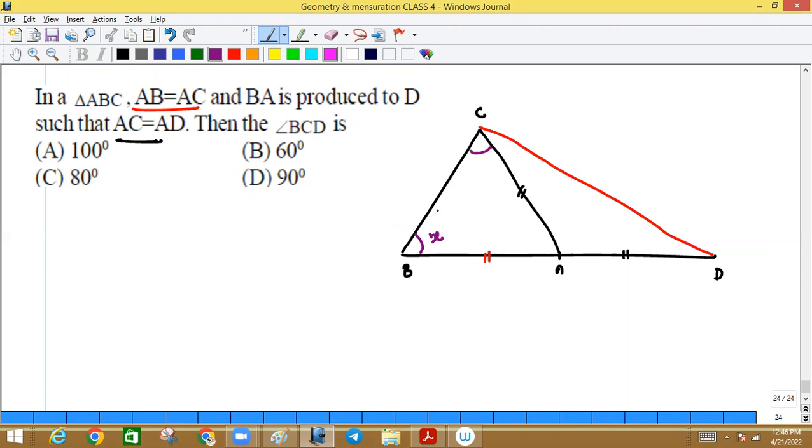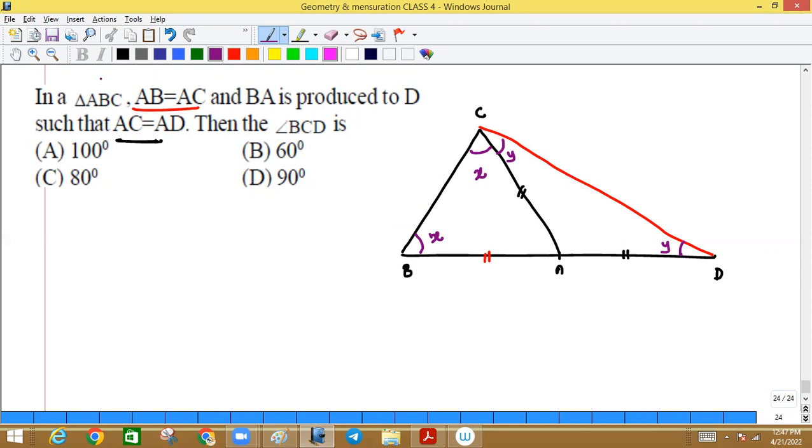Two sides are equal means their opposite angles are also equal. It is also x. The moment you see in a triangle two sides are equal, their opposite angles are also equal. If I take it as y, this is y. I can't take the same x, so I'm taking it as y. That also becomes y.